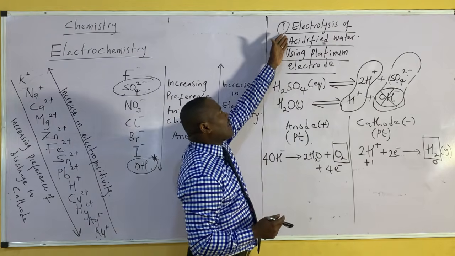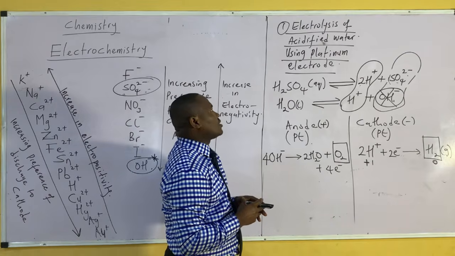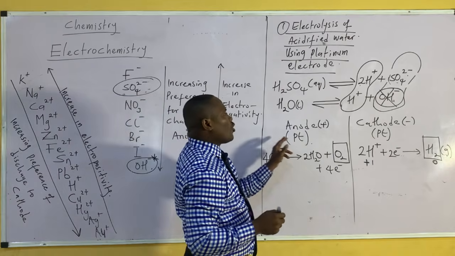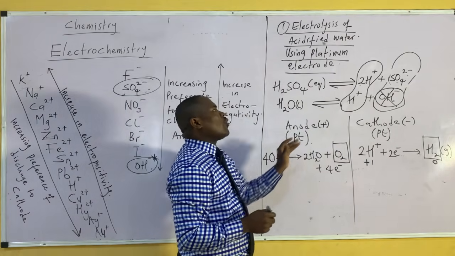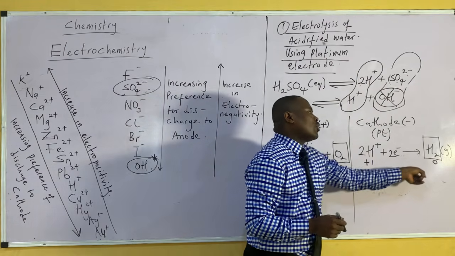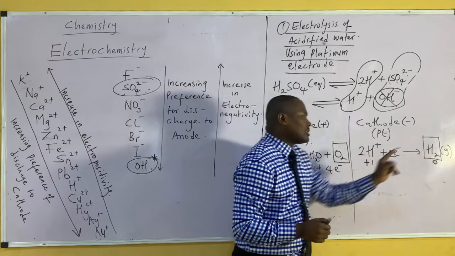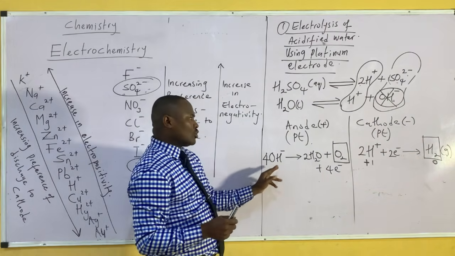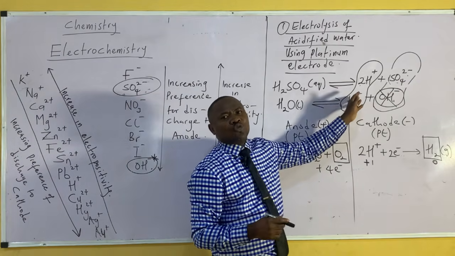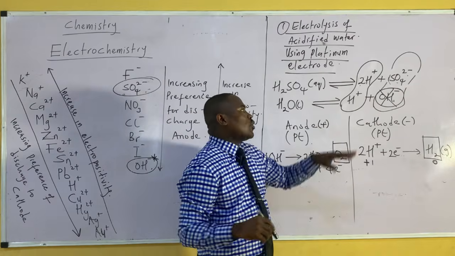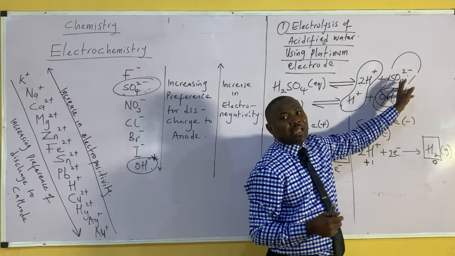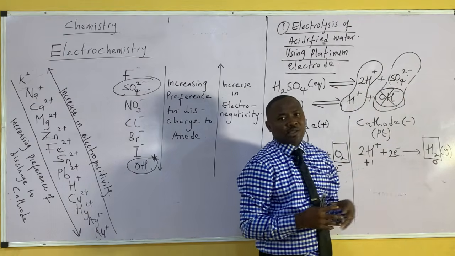So when we have the electrolysis of acidified water using platinum electrode, the OH- migrates to the anode, while H+ goes to the cathode. The hydrogen ion that goes to the cathode will leave in the form of hydrogen gas, while the OH- that goes to the anode will leave in the form of what now? Oxygen gas. While the nature of the electrolyte that was dissociated will be acidic, the ions that are left in the electrolyte are acidic ions.